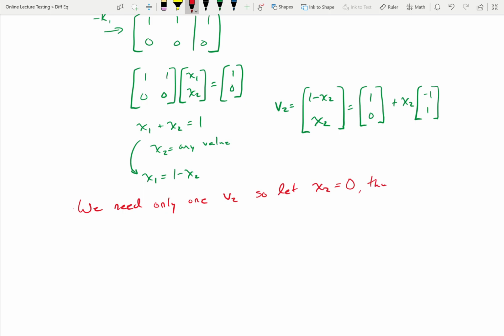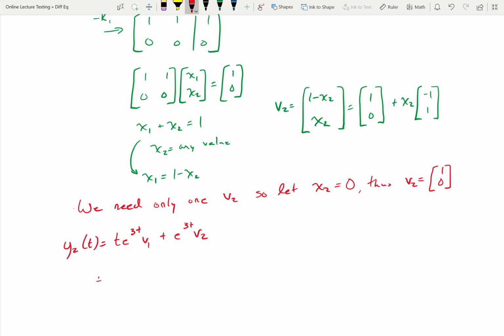So thus, v2 is equal to just 1, 0. Well, if v2 is equal to 1, 0, that means y2 of t is equal to te to the 3t, because lambda is equal to 3, v1 plus e to the 3t v2.